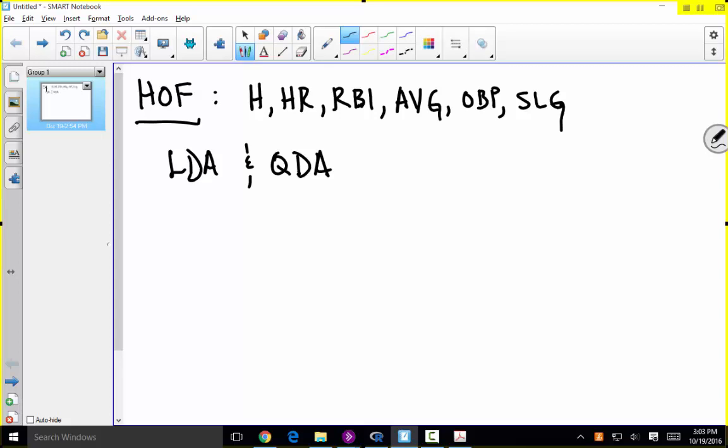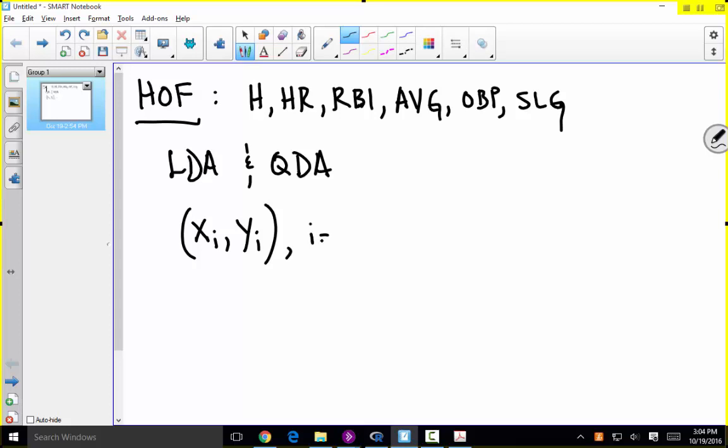As a reminder of what we're doing with LDA and QDA, we are saying that for each player, we have an observation vector x_i and Hall of Fame membership class indicator y_i.